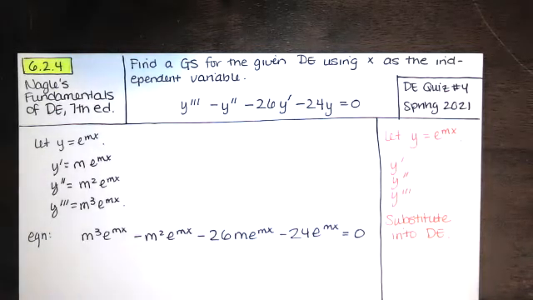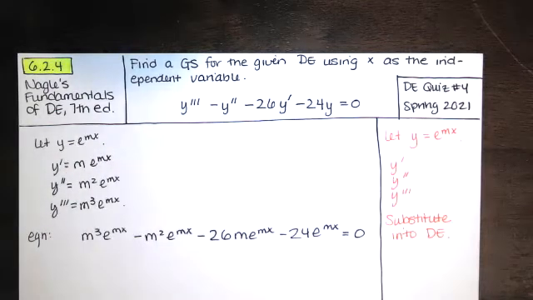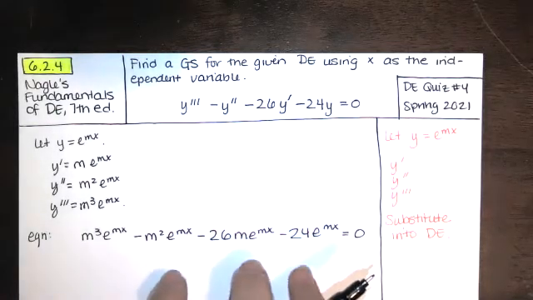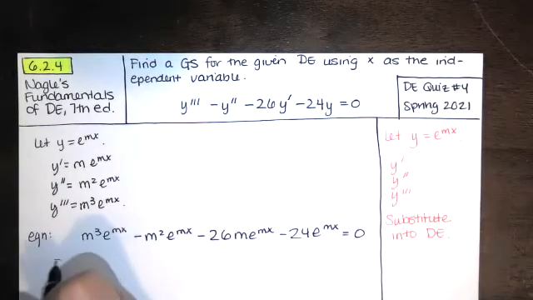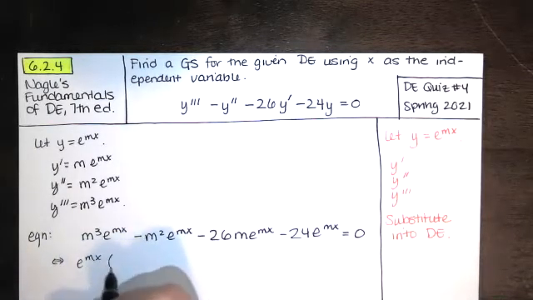So we've got this algebraic equation that must be satisfied if y equals e to the mx is a solution to this equation. So the values of m that cause this equation to be true are the values of m that cause y equals e to the mx to be a solution of that differential equation. So we just need to solve this equation for m, and then we'll have the form of our solutions.